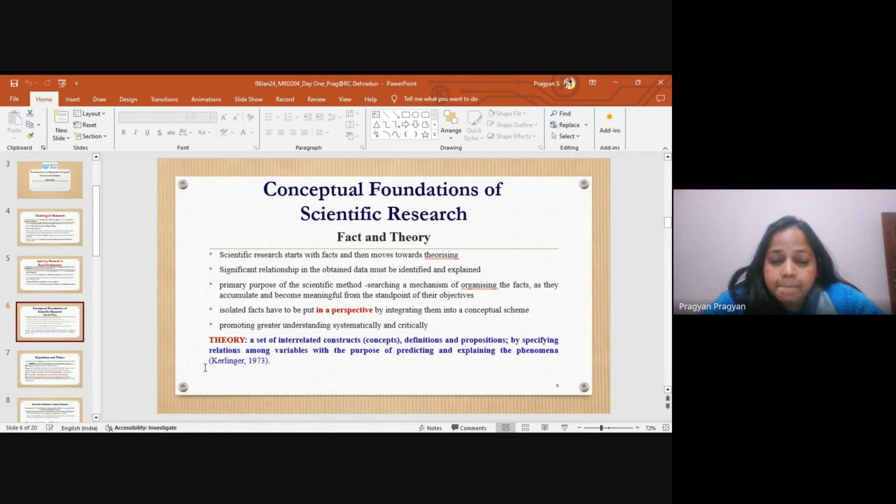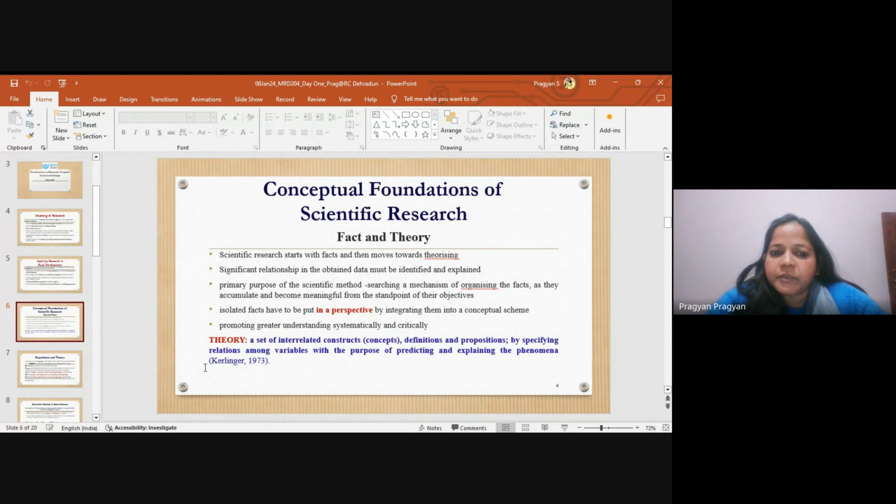That is why obtained data can give you only facts. For example, this is the literacy rate, these are socio-economic indicators, but only with the help of a particular perspective or theory will you be able to understand how these socio-economic factors are also related to a particular social setting, or maybe some ethnic background, or maybe some other process.